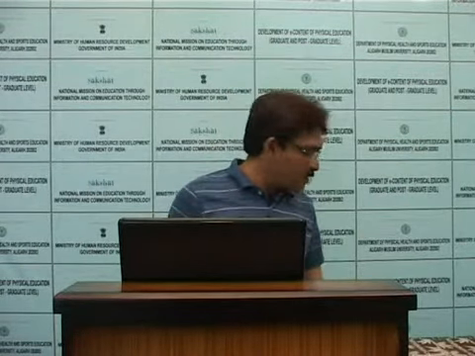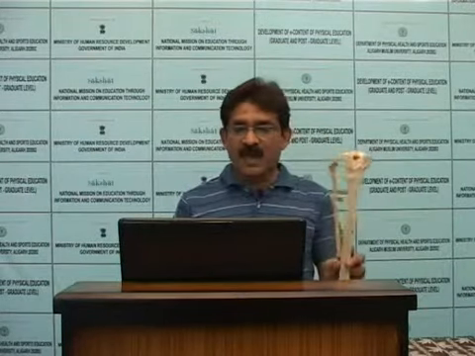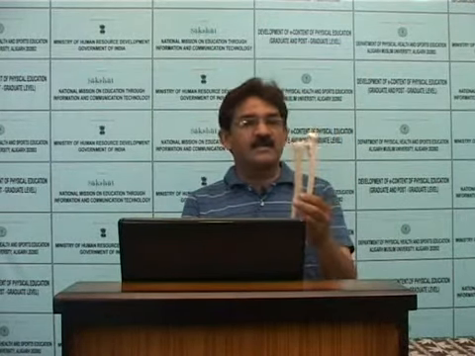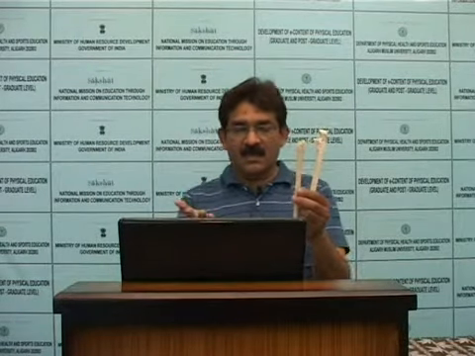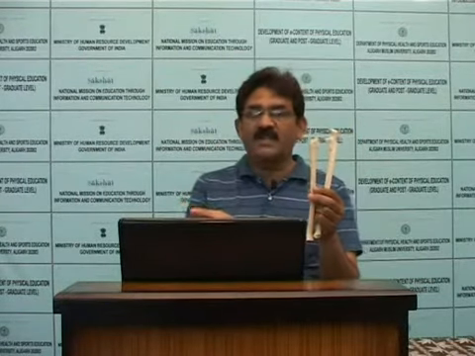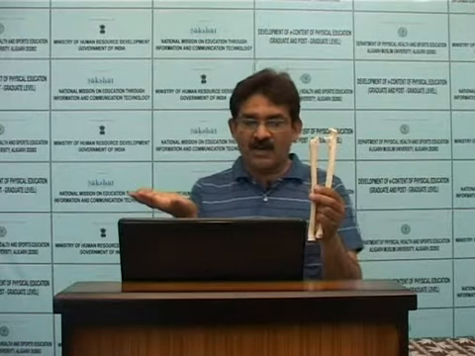Examples include the femur, the tibia and fibula, and the radius and ulna. The radius is situated on the outer side, the thumb side, of the arm.